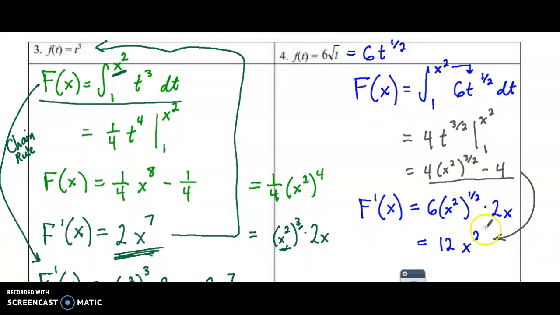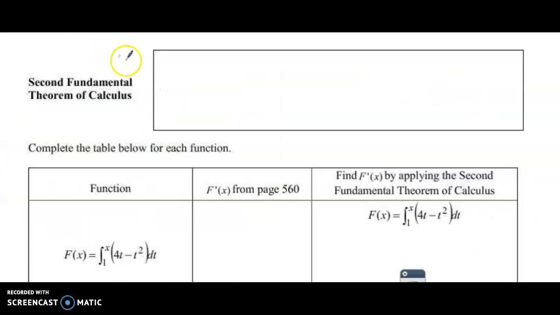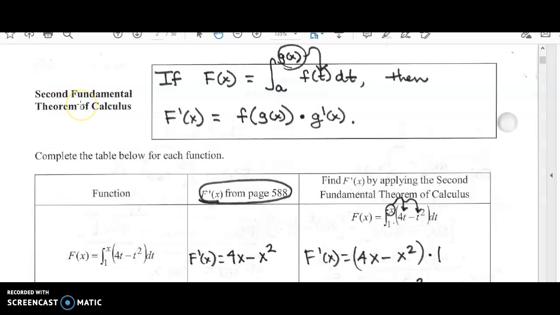So a bit busy, but the second fundamental theorem of calculus, I'm going to go to the answer key, is basically the chain rule.